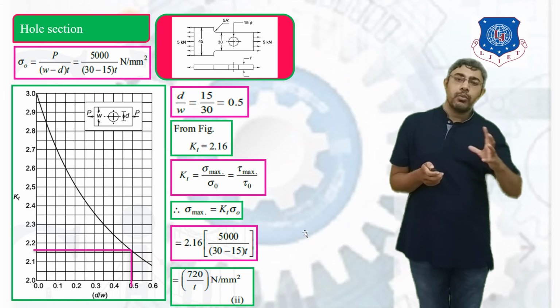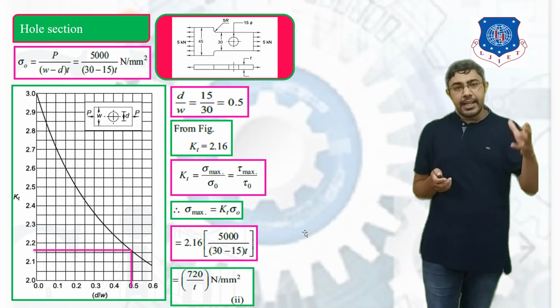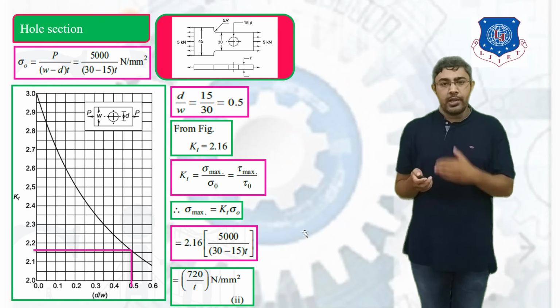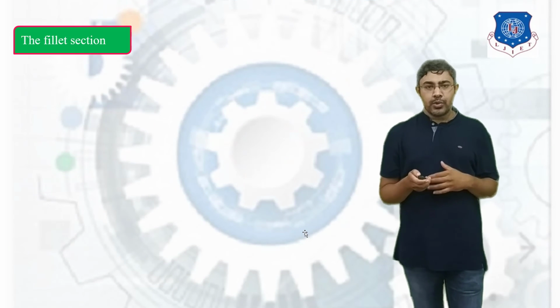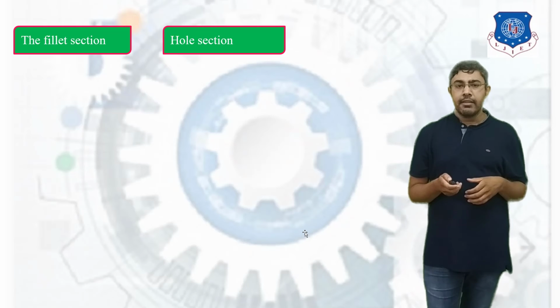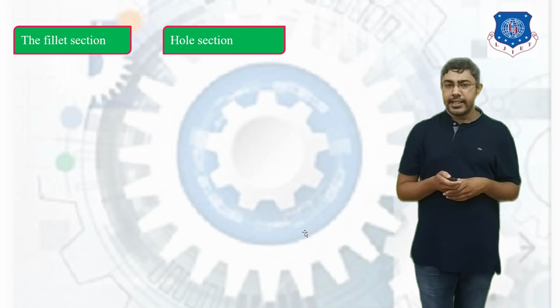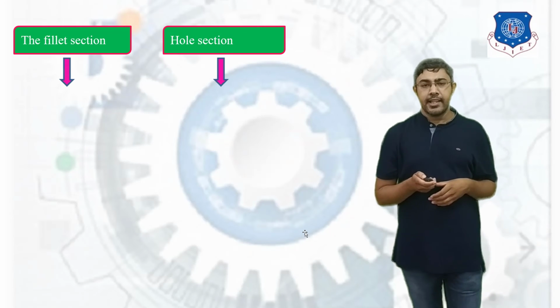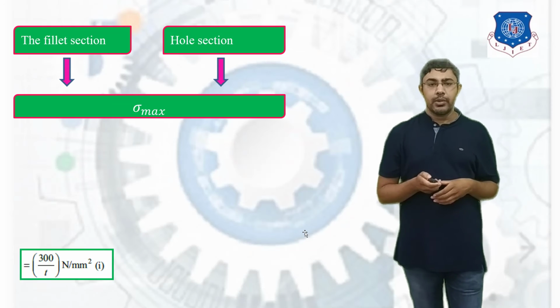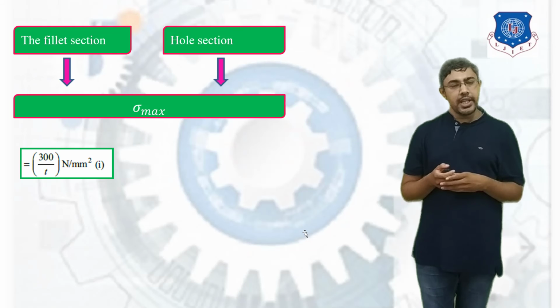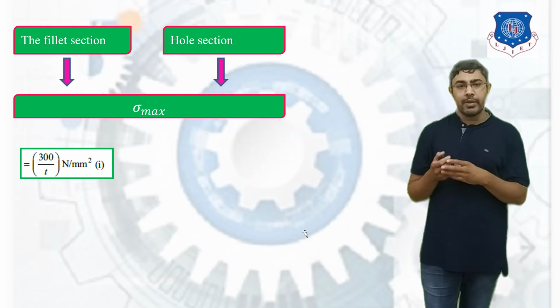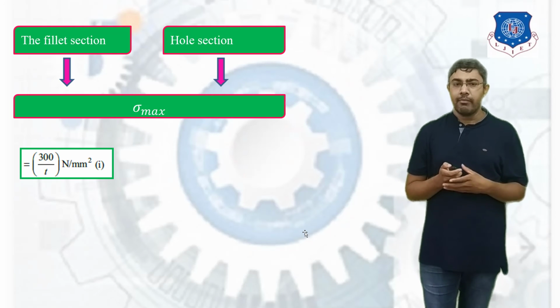Now we have the values at both the fillet section and the wall section. So let's check. The fillet section and wall section are the critical sections. At the fillet section, sigma max is equal to 300 divided by T Newton per mm square, equation number 1.